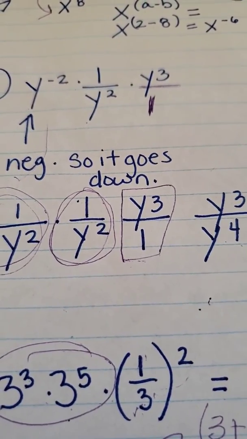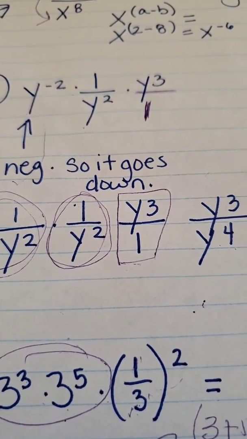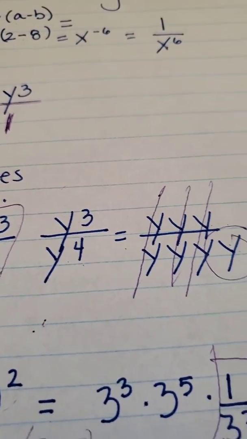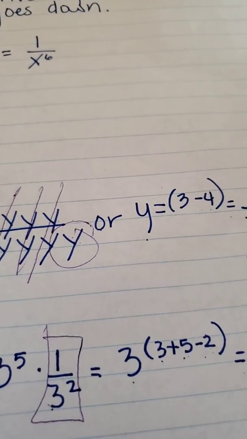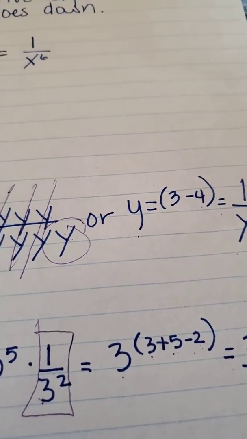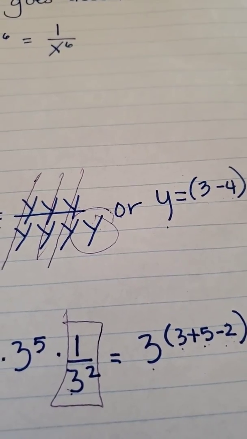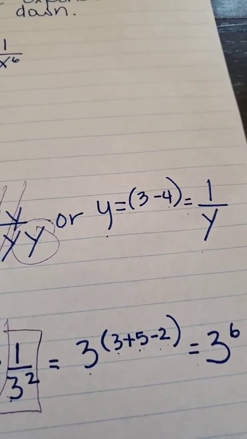Okay, so let's see, y^2 times y^2 is y^4, and then y^3 is on top. And then we can cancel those out, and we're left with, or we can use the rule and do 3 minus 4. There's 3 y's on top, 4 on the bottom, which is going to give us 1 y on the bottom.